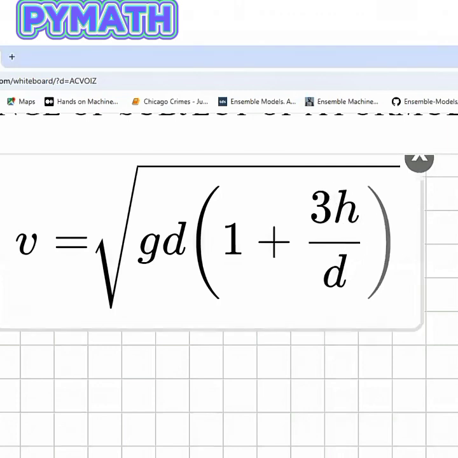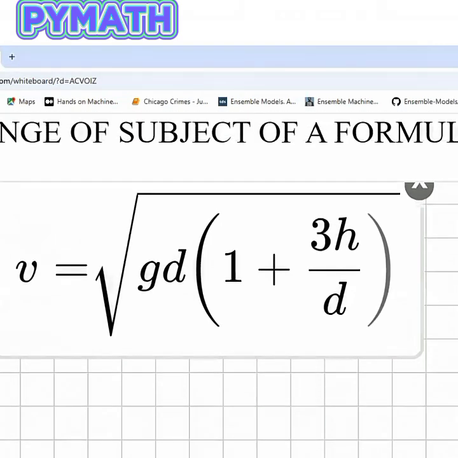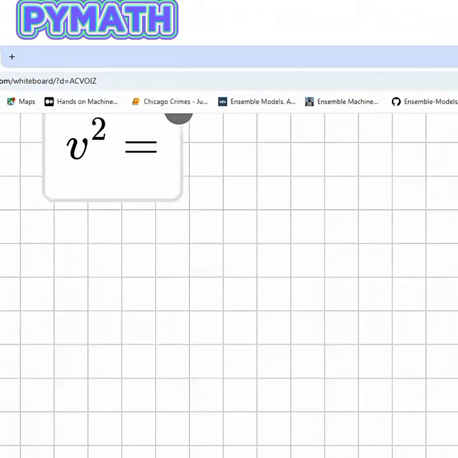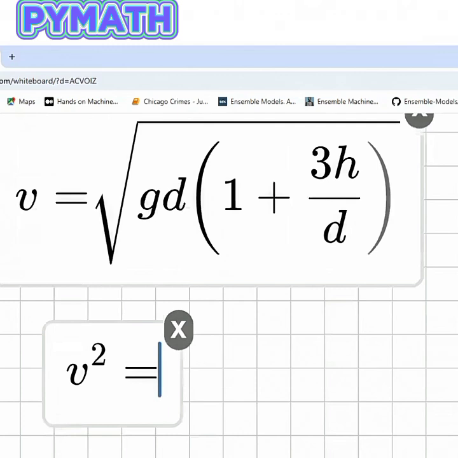The first thing we need to do is to get rid of the square root box. And to do that, we take the square of both sides. If we take the square of both sides, on the left-hand side the square root box will disappear.